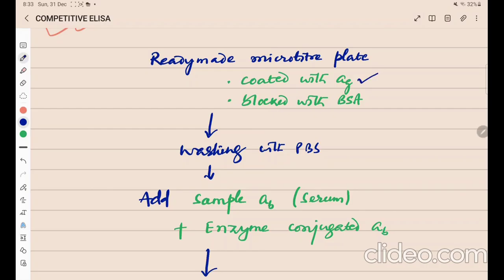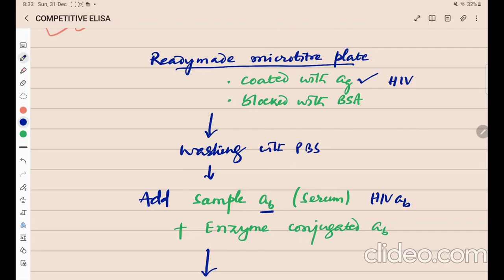Suppose we want to detect the presence of HIV. So the ready-made microtiter plate will be coated with HIV. Now if the patient is HIV positive, that means he has developed antibodies against HIV. That means HIV antibody is there, and we will add another antibody which is conjugated with the enzyme.